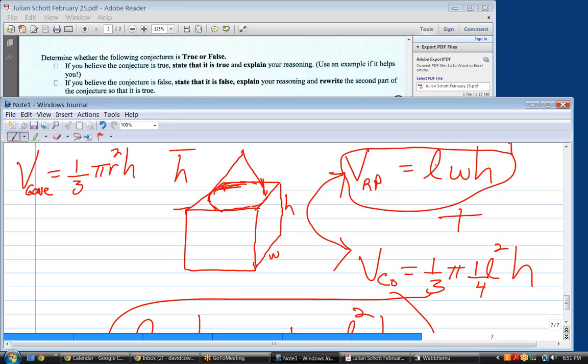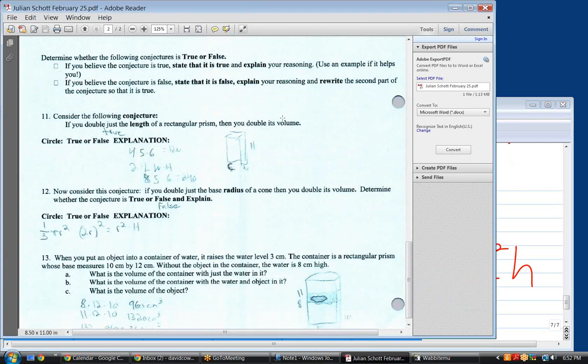So if I make L 2L, yeah, well, it doubles the volume. In other words, if I substitute 2L for L, that gives me 2V. So I double the volume. So that conjecture is true. And we explained our reasoning. Okay.